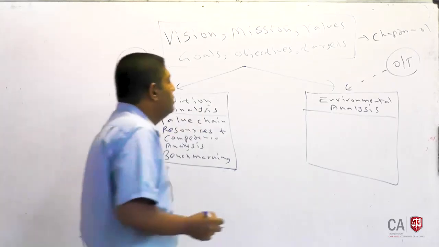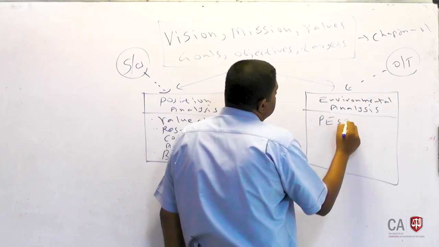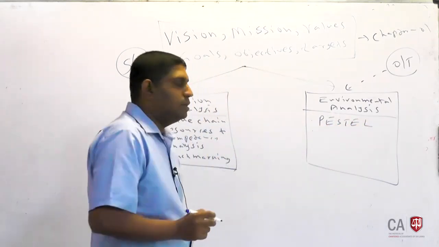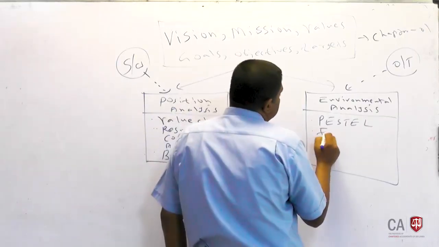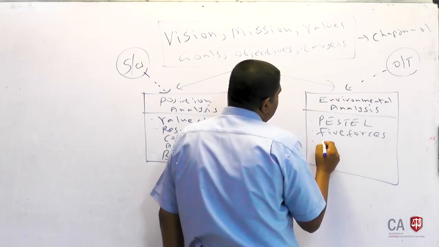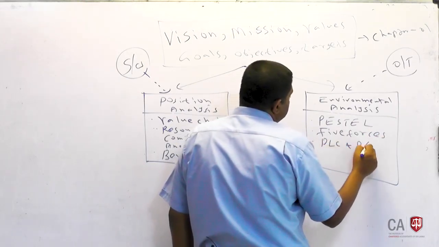Under the environmental analysis, we discussed PESTEL analysis to analyze the macro environment, then the 5 forces to analyze the industry, and to analyze the portfolio, we discussed PLC and BCG matrix.